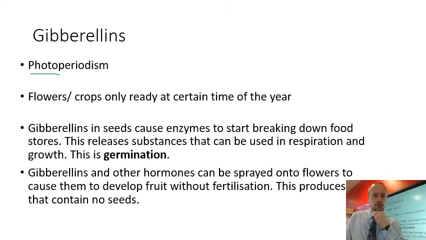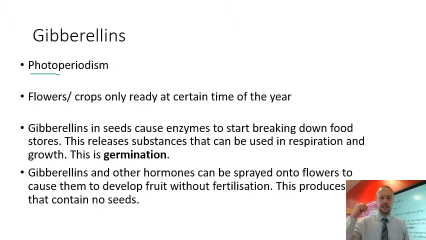So why is this good for us? Basically, if we've got seeds and it's the wrong time of the year to normally plant that plant, we can add gibberellins and the seed will germinate, so we can plant it in greenhouses and things like that, or in big artificial greenhouses with artificial lights, and we can plant it at any time of the year we want.